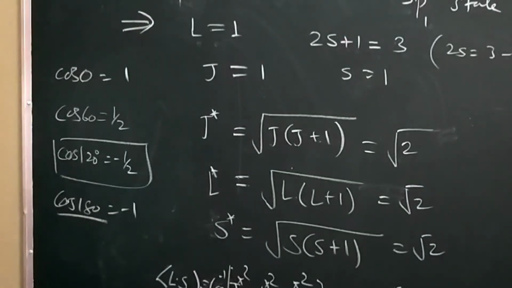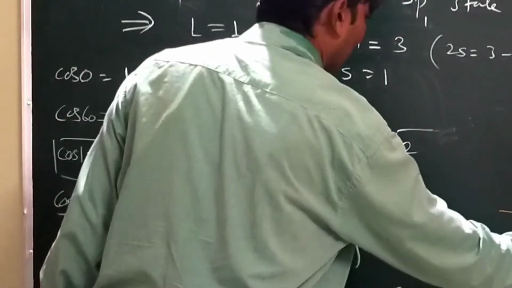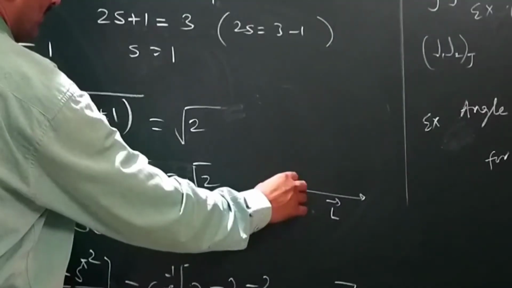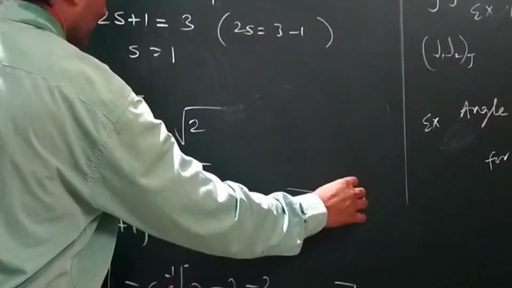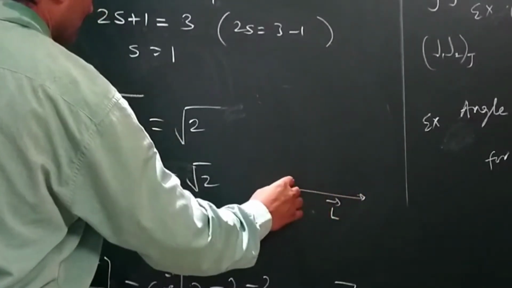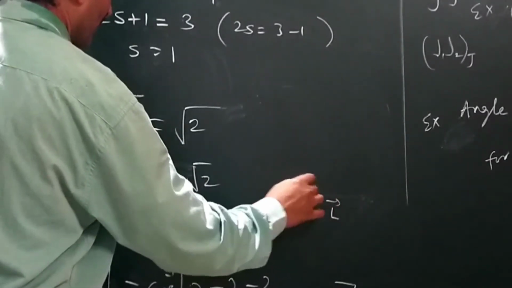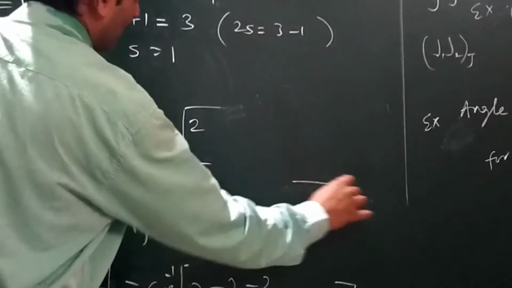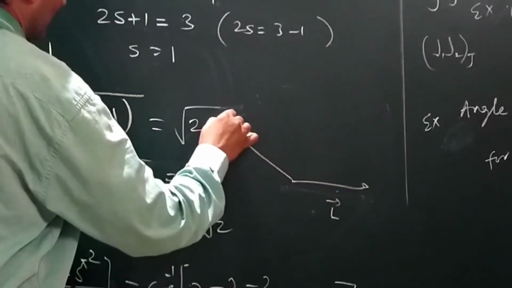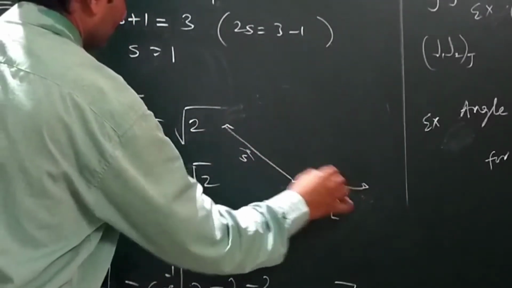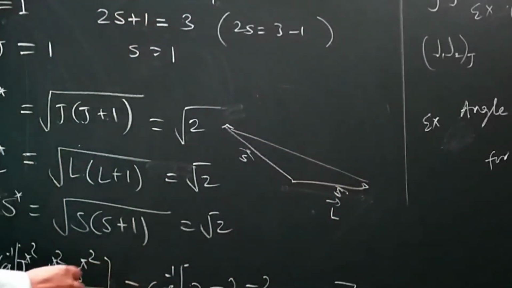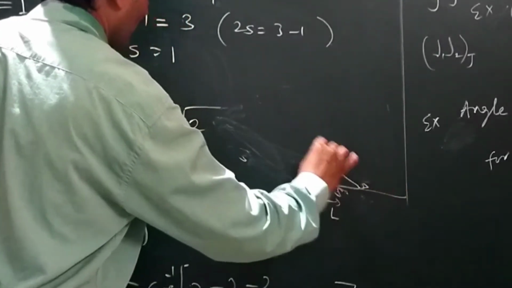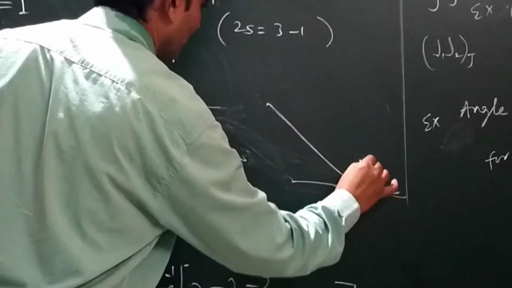So if this is L and another is S, we can write the angle between L and S like that. This is S, so the angle between them is 120 degrees.